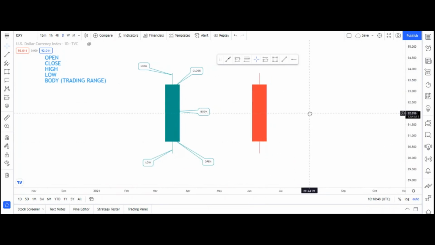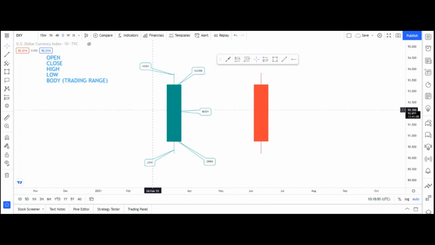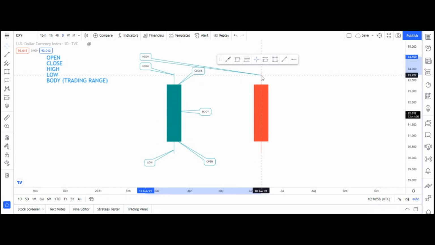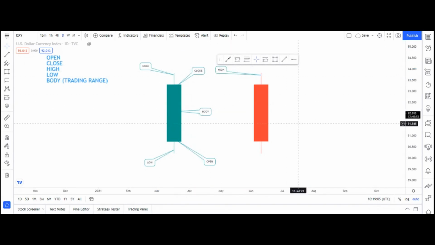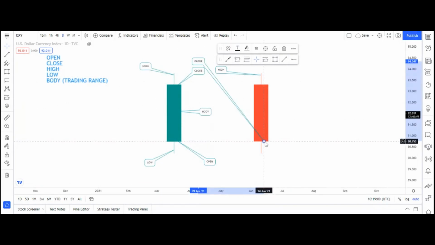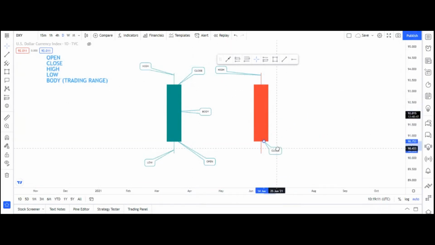Okay, so we have the bullish candlestick here, and we say this is the high. This is the high also for a bearish candlestick. Low is the close for a bearish candlestick.